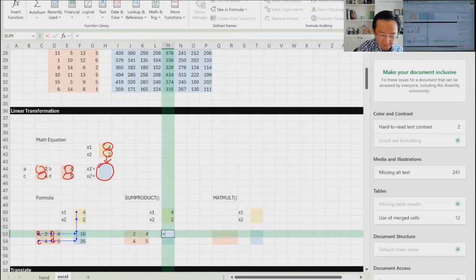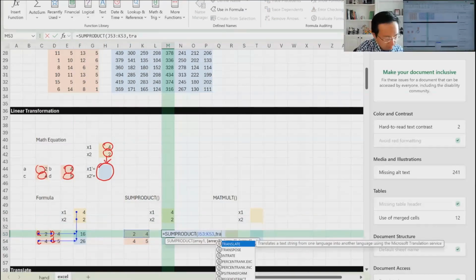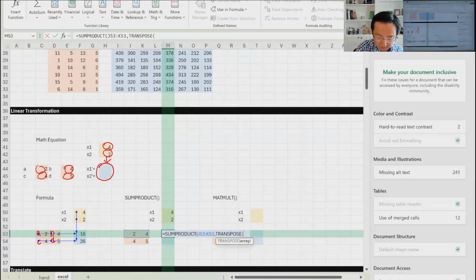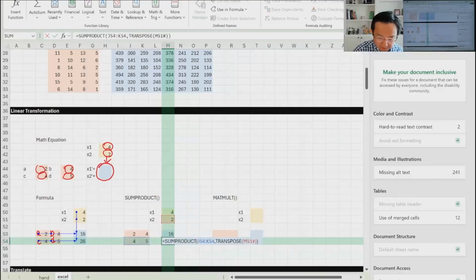Now I can use a different way to represent this. I'm going to use SUMPRODUCT. I'm going to do SUMPRODUCT for this one, and then I transpose these two, and then I can get a sum product. And I do this again. But this gets shifted down a little bit. So I'm going to reselect these two.